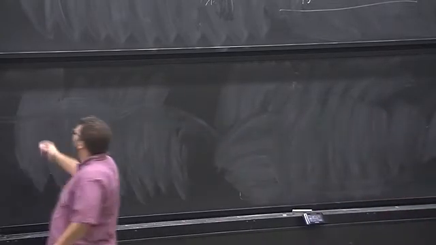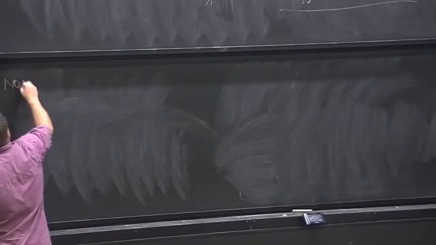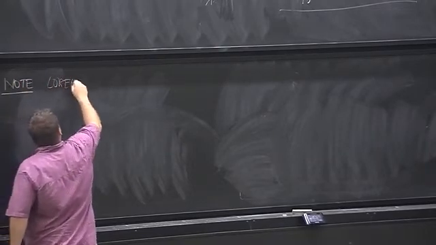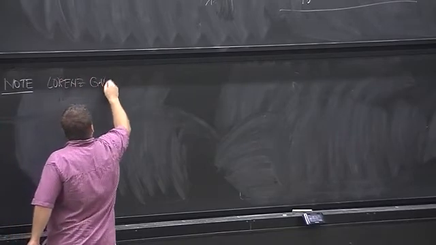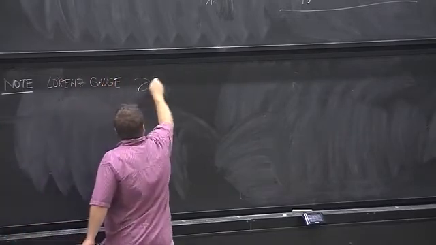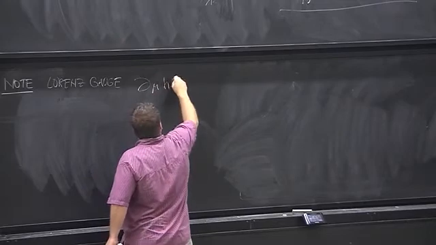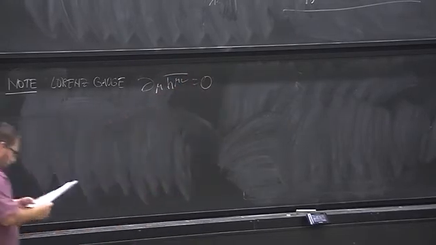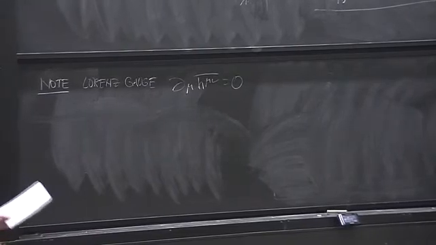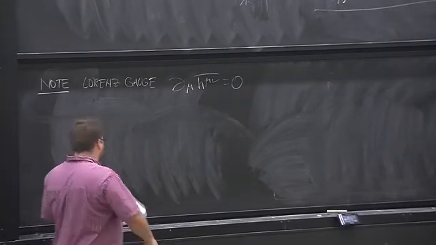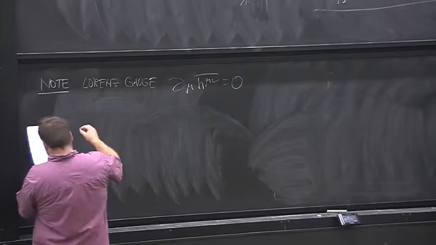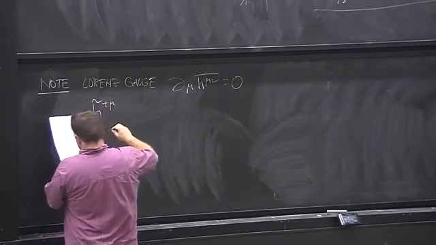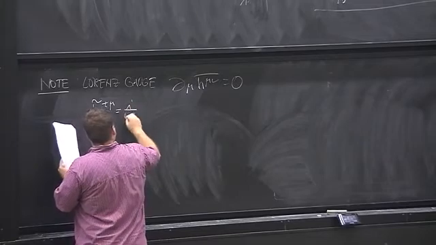So then note that the Lorentz gauge, ∂_μ h̄^{μν} = 0, gives you that if you do the Fourier transform of this thing here, it gives you h̃ ∂_μ equals i over omega.